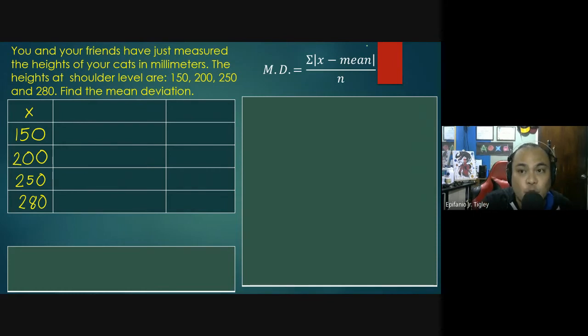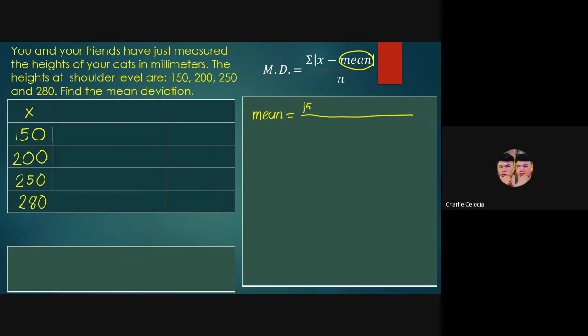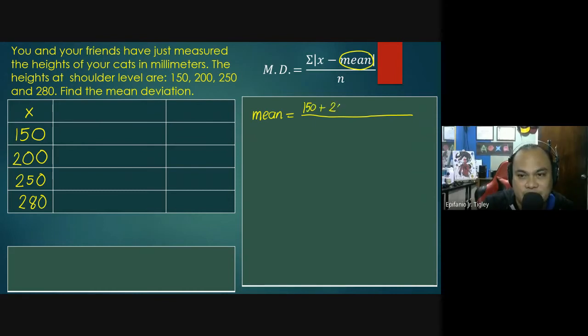You solve the mean first. Okay, let's compute the mean first. So how do you solve the mean? What are you going to do with the four values there? Addition. Find the sum of all the heights. Correct. 150 plus 200 plus 250 plus 280.